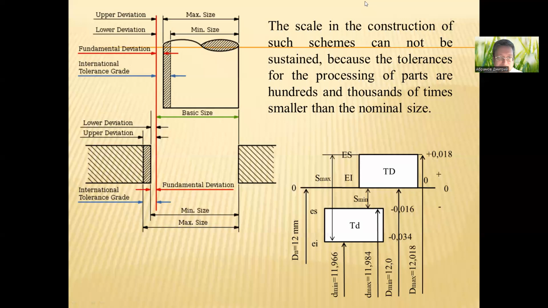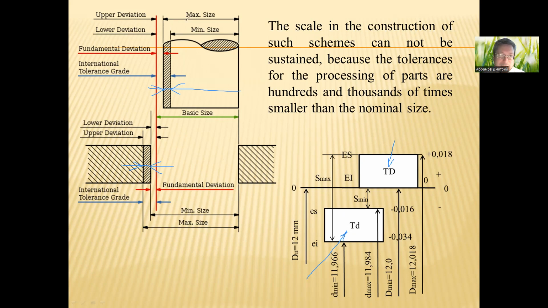In this figure you can see the tolerance field of the hole and the tolerance field of the shaft. In this scheme, the tolerance field of the hole is designated big TD, and the tolerance field of the shaft is TD small.